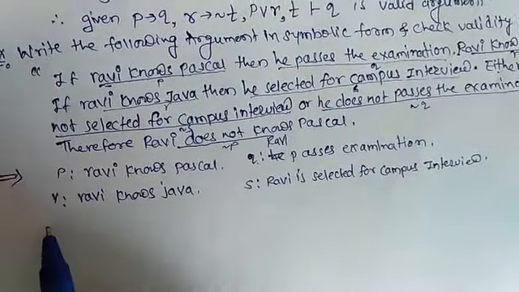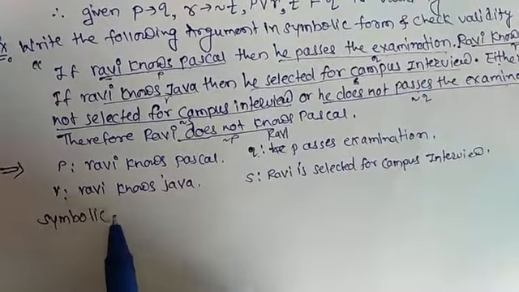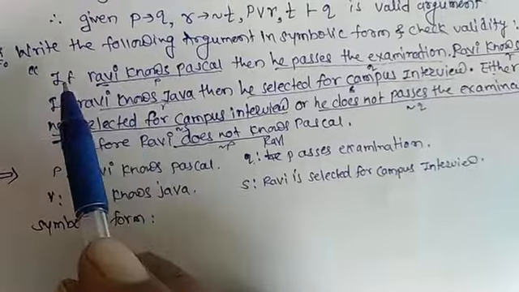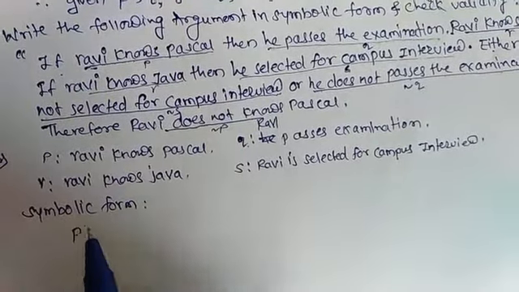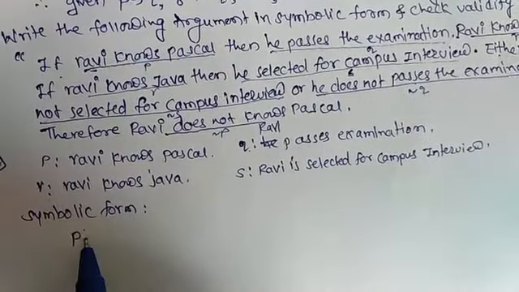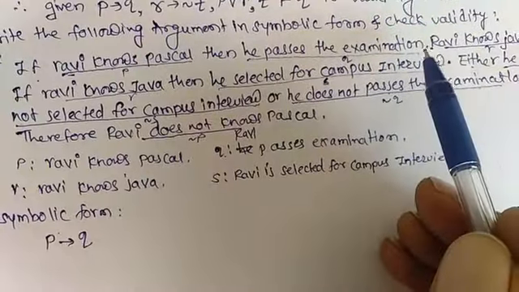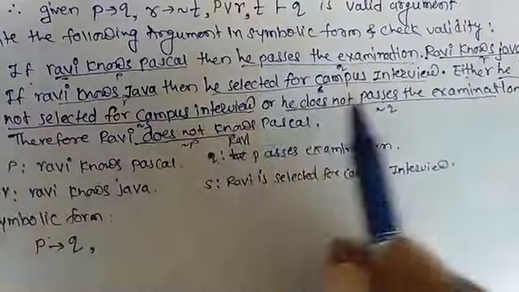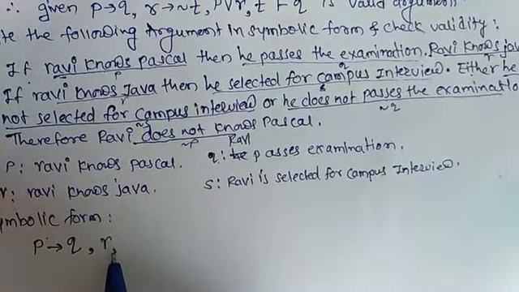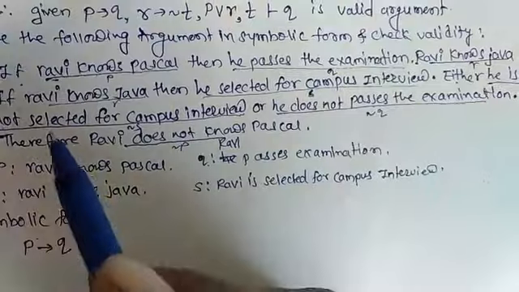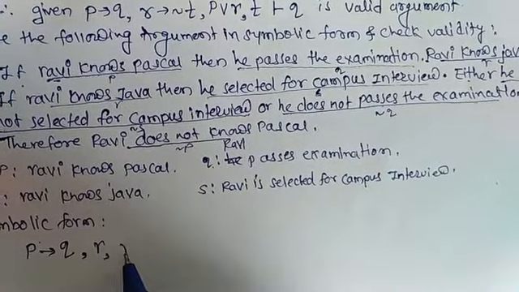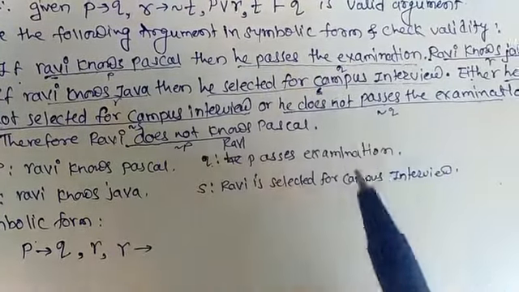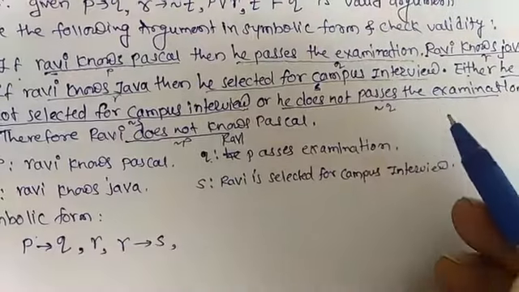Now we will write the symbolic form. Ravi knows Pascal, it is an if-then statement, so P implies Q, comma. Next, Ravi knows Java, denoted by R, full stop. Next, if Ravi knows Java, which means R, implies he is selected for campus interview, S: R implies S, comma.